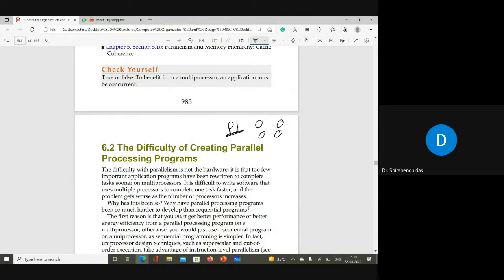Because there is a flow that should be maintained. If you are writing a paper or a book, each section is not independent. So these writers must interact with each other. Without interacting they cannot write independently.